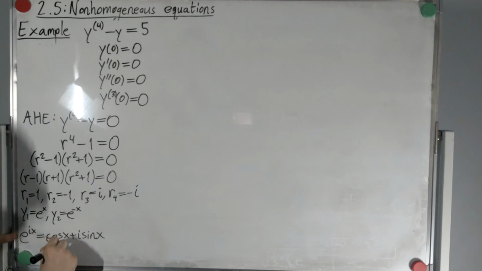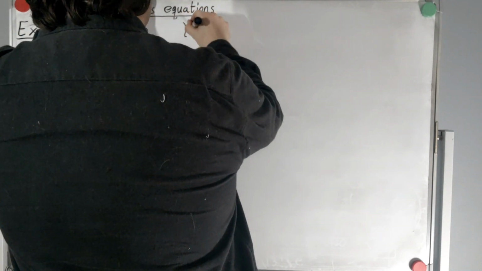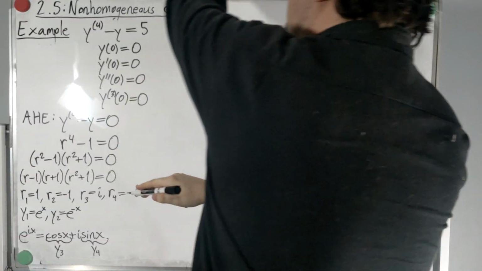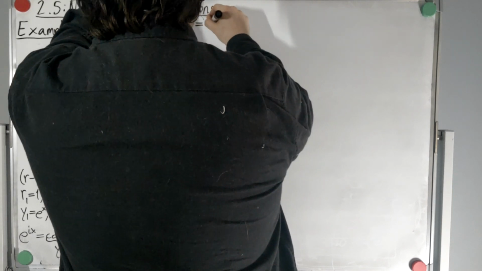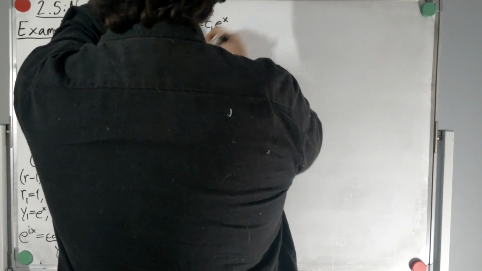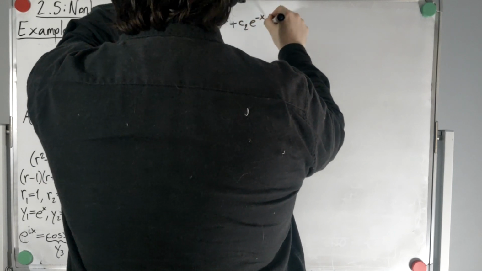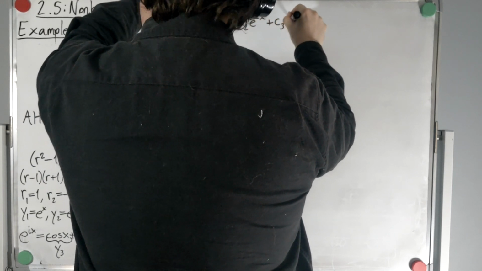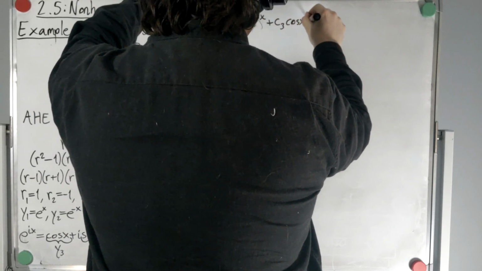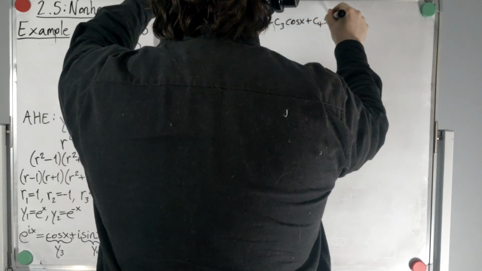Therefore, y3 is cosine x, and y4 is sine x. So, the complementary family is going to be c1 e to the x plus c2 e to the negative x plus c3 cosine of x plus c4 sine of x.